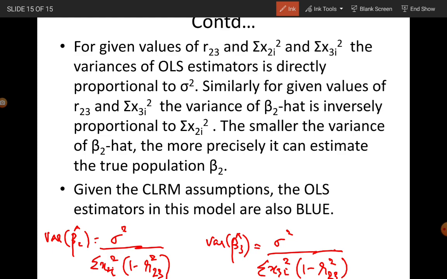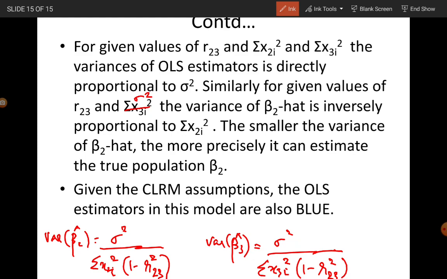For given values of r23 and sigma square, the variance of beta 2 hat will be inversely proportional to summation x2i whole square.